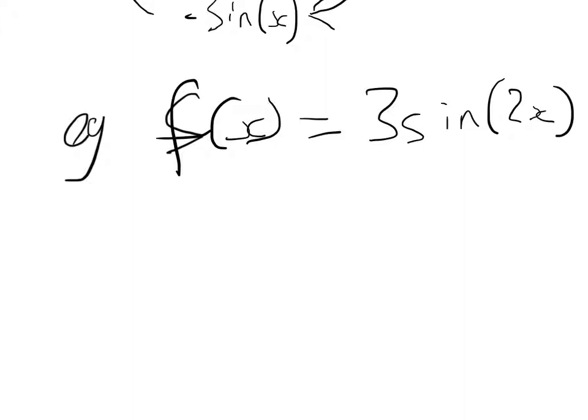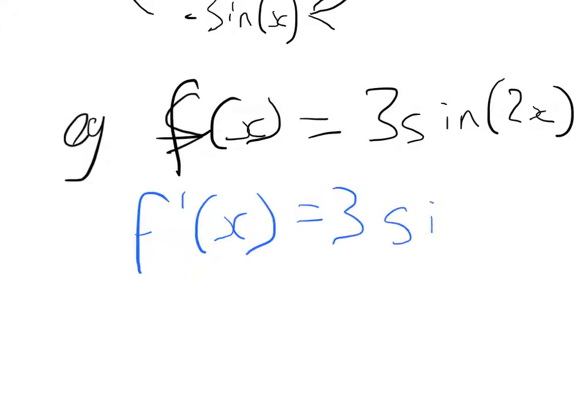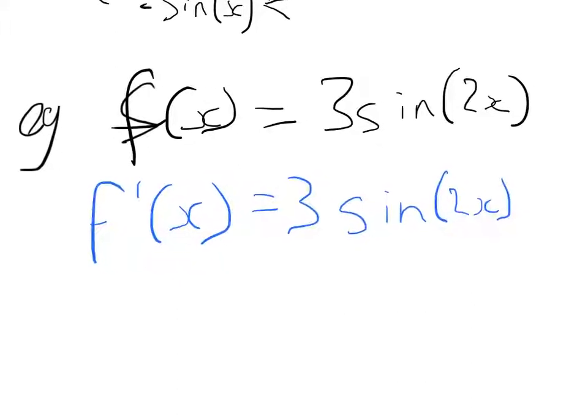Therefore f dash of x equals 3 lots of sine 2x times, then we differentiate the inside of it, times 2, so it equals 6 sine 2x.